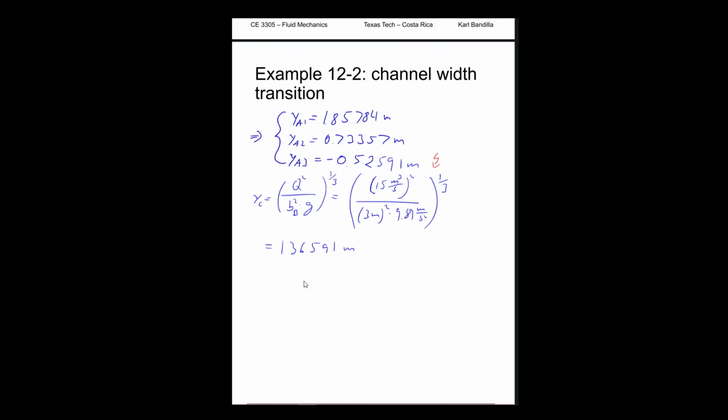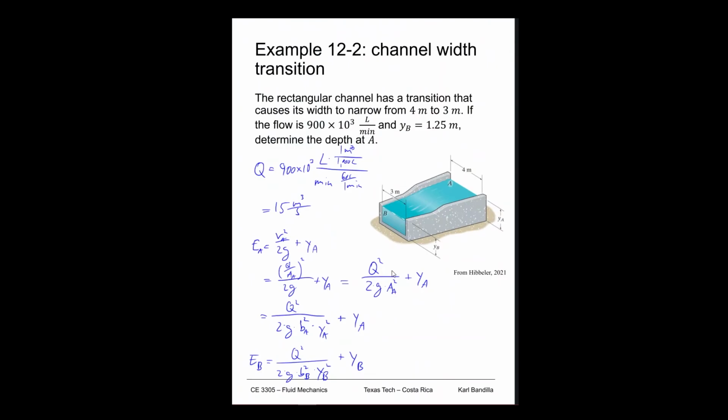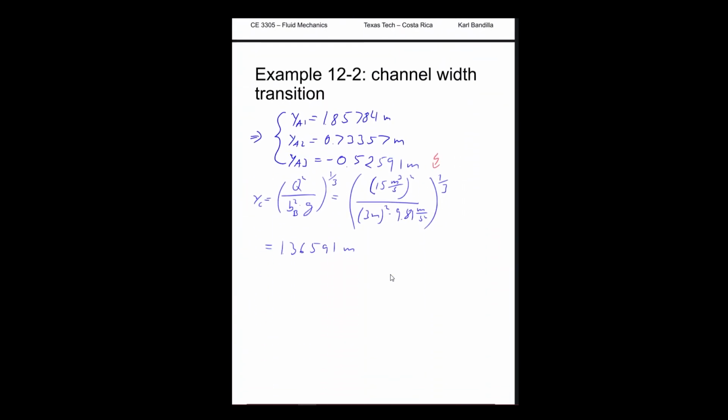So anything above this would be subcritical and everything below this will be supercritical. So if we go back, we know that our flow was 1.25 meters at B. That means we're lower, so we can write at B, YB is less than YC, so it is supercritical flow.